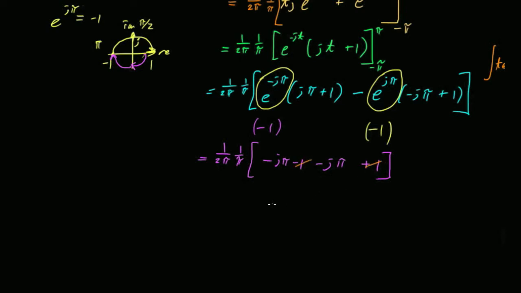I'm stoked about that. So in the brackets, I'm left with negative 2j pi. Oh, that's fun. Look at this. 2 pi cancels that 2 pi. And I'm left with negative j over pi. Wow, all sorts of stuff disappeared.